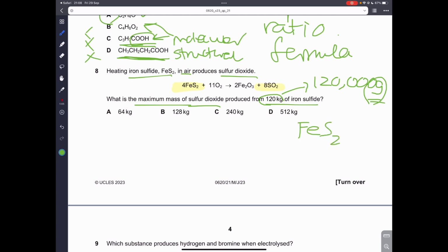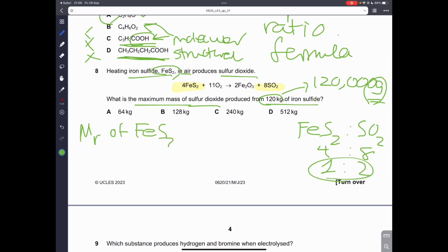So if you write the molar ratio, it is going to be 4:8. That simplifies to 1:2. Now we are given the mass. We can find the molar mass of iron sulfide by looking at the periodic table. You will be given that during the exam. So we can find the molar mass of FeS2.